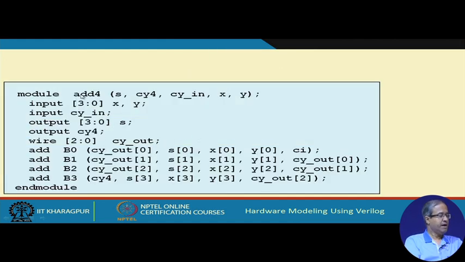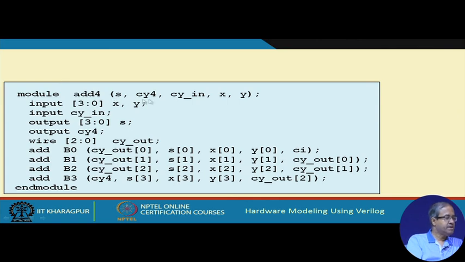Here I am showing the top level module of a 4-bit ripple carry adder. The parameters are specified here. I am not going into the detail because all these details we shall be explaining again later. I am just showing you how this Verilog code looks.